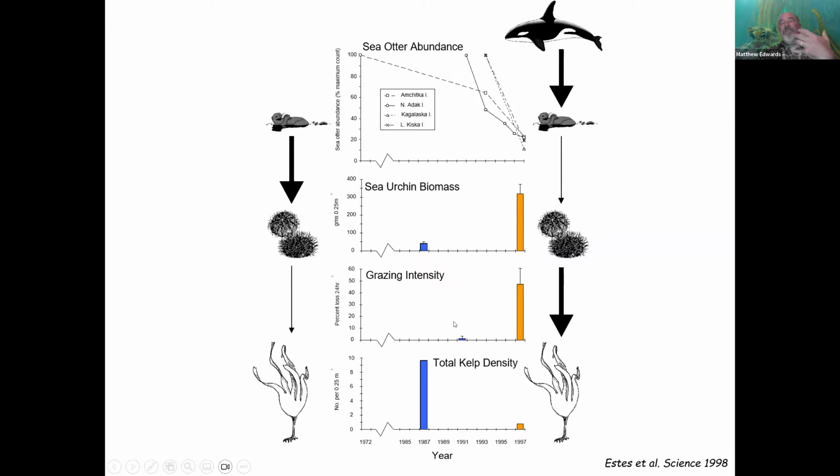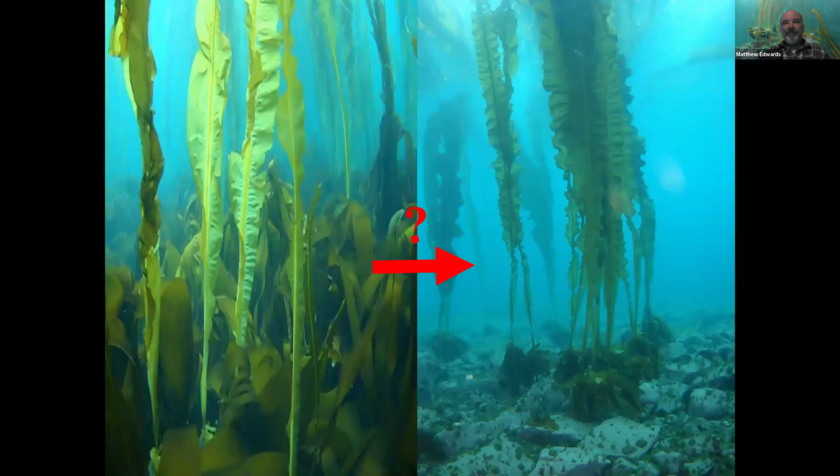Grazing intensity, as measured by the percent loss of the kelp on those bars, exploded, and the total kelp density crashed. So this trophic cascade, which started with this change in the diets of the killer whales, played out such that I'm going to focus my story today on what happened with this huge increase in sea urchins and this absolute large loss of kelp and fleshy algae.